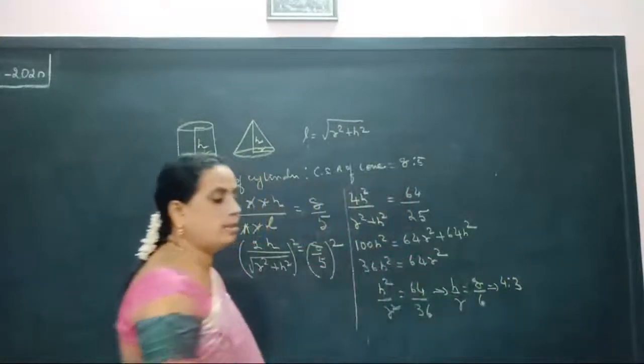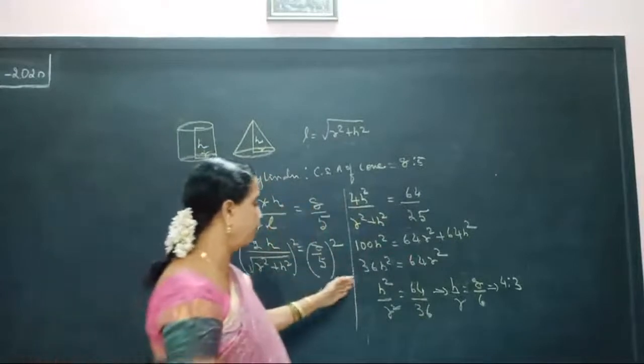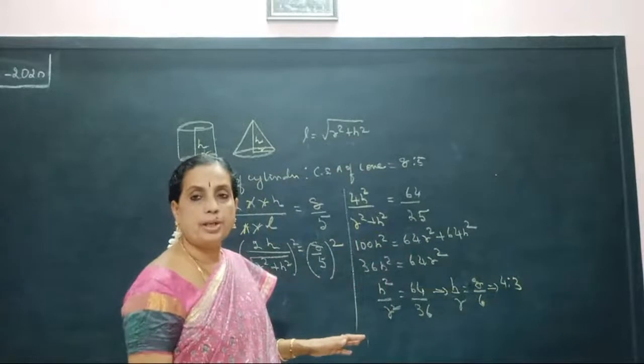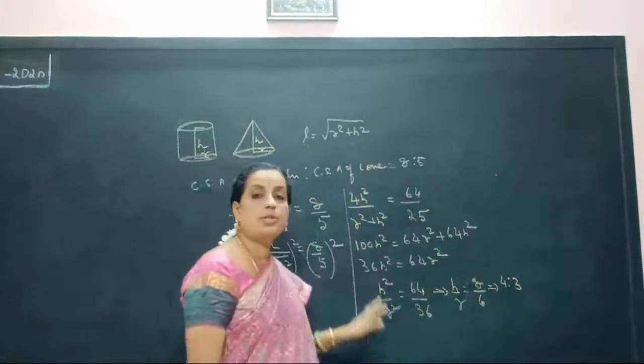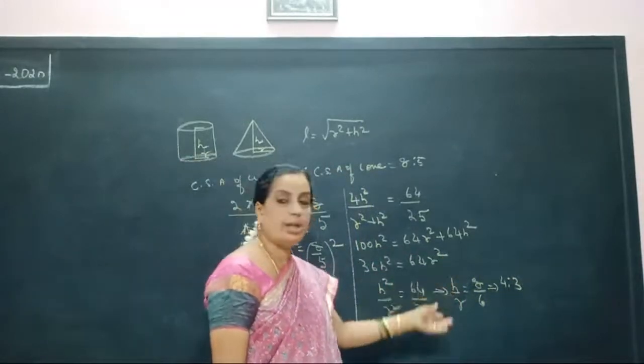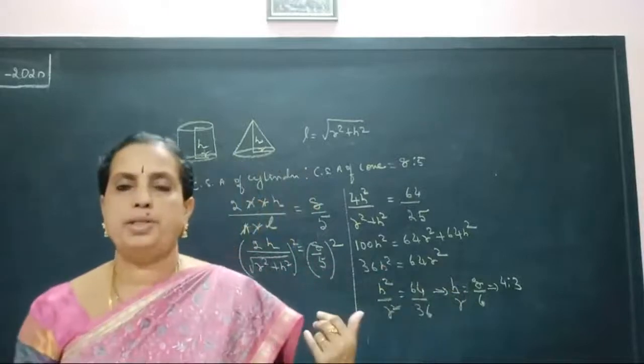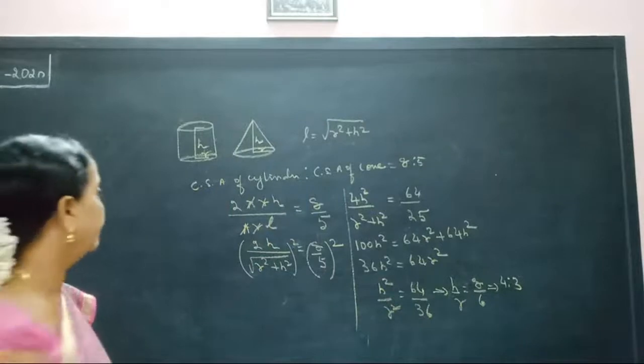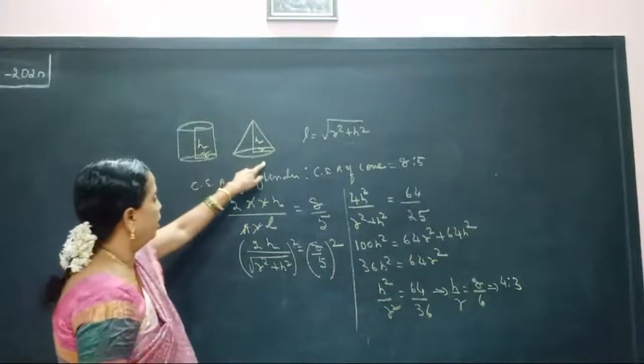If the question is the ratio between height and radius, it is 4:3. If the question is the ratio between radius and height, then it will be 3:4. Please check it once, then answer it. Here they have the same radius and height.